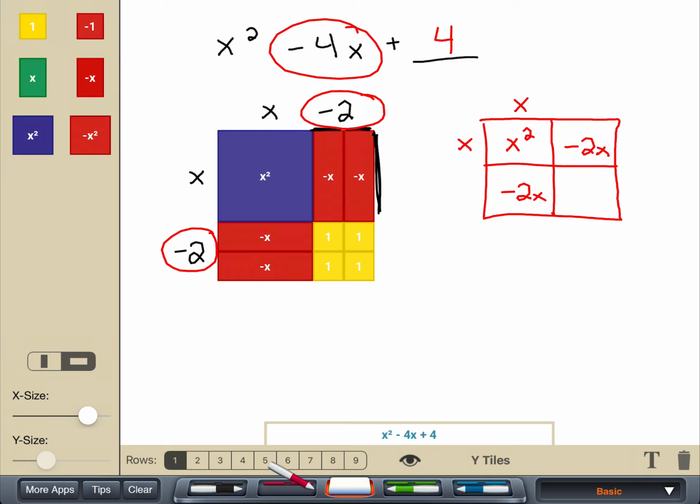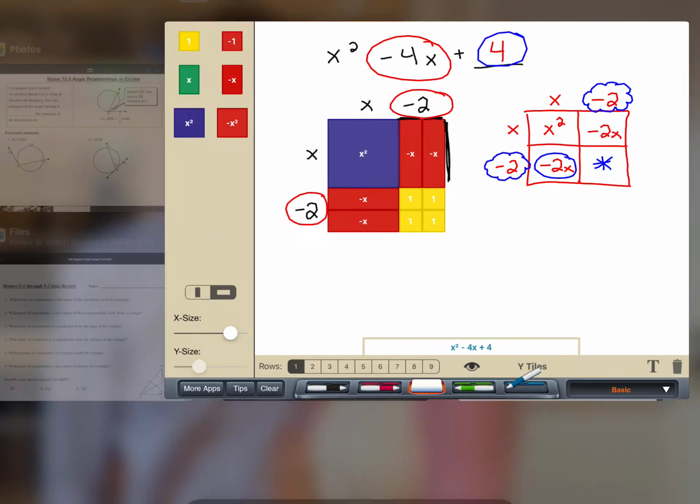You should be able to take out a negative 2 and a negative 2, because remember, you want to multiply to that negative 2x. So the other spot has to be a negative 2. And then to get this spot right here, we do negative 2 times negative 2 to figure out what will complete the square. Okay, so we added a 4.